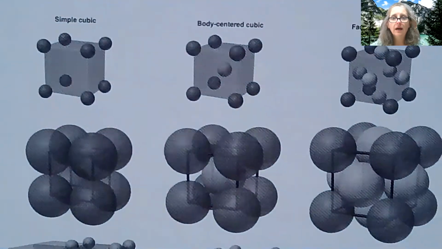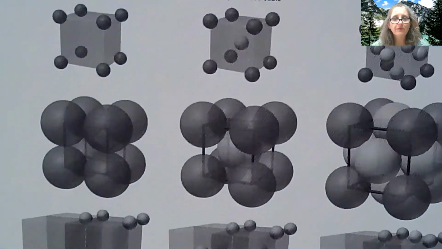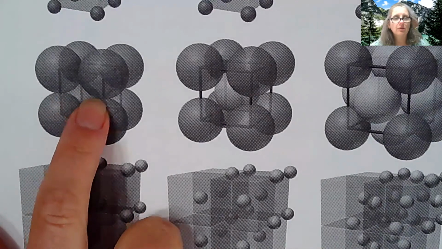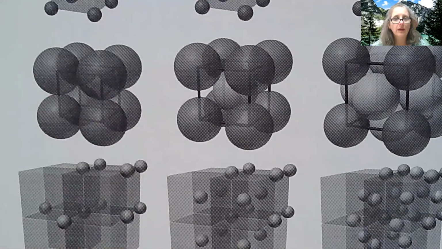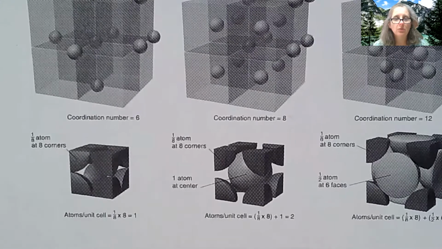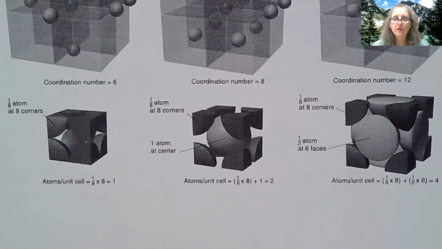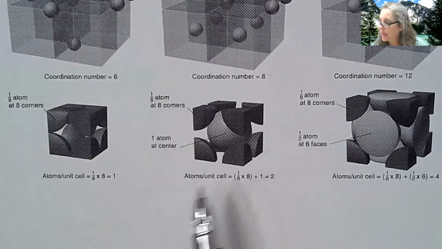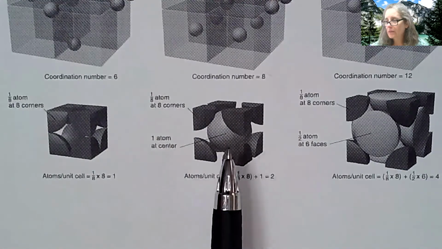This next page that I gave you shows you a couple of different varieties of it. I like the second picture, because it's showing you how I would cut that into a cube. Down here, the easiest one to understand is probably the body-centered cubic.